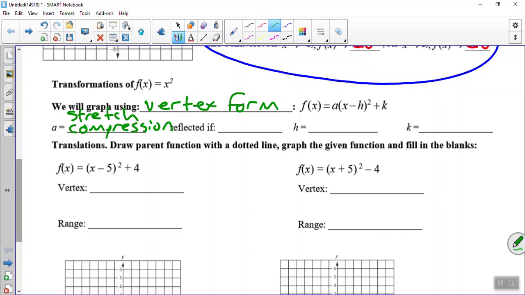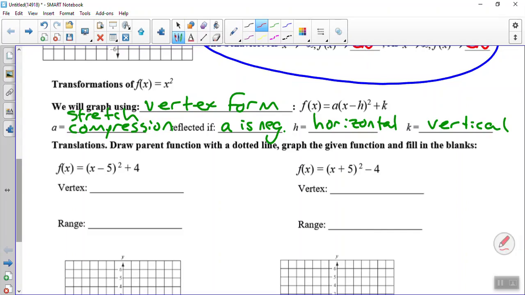It's reflected if you see a negative sign, or a is negative. h is, again, our horizontal shift, and k is your vertical shift. Recall that x minus h is part of the formula. So if h is positive, you're going to see x minus a number, which means it's moving to the right.